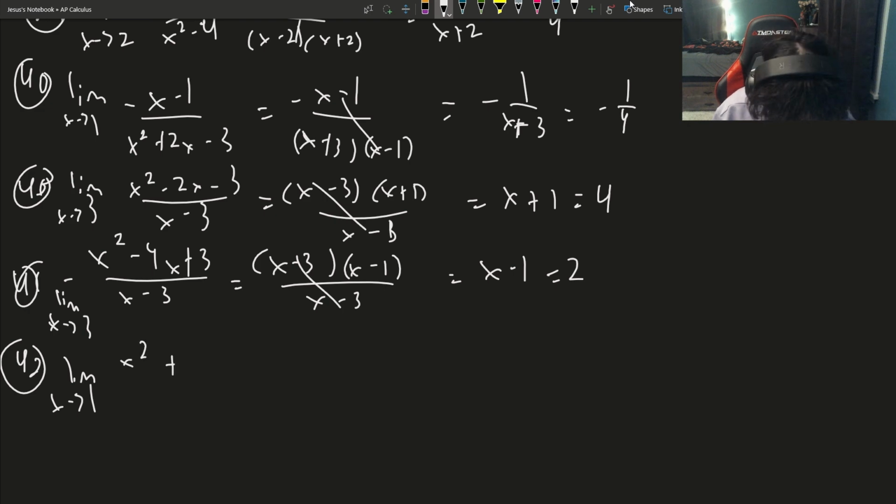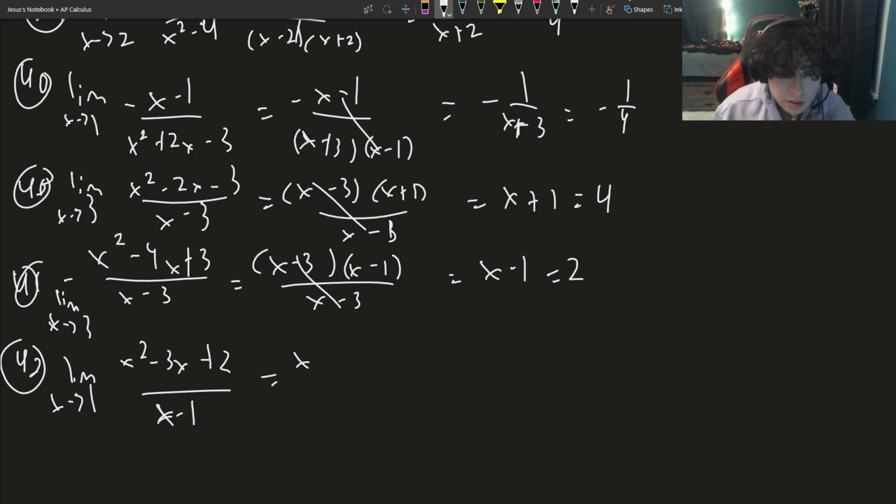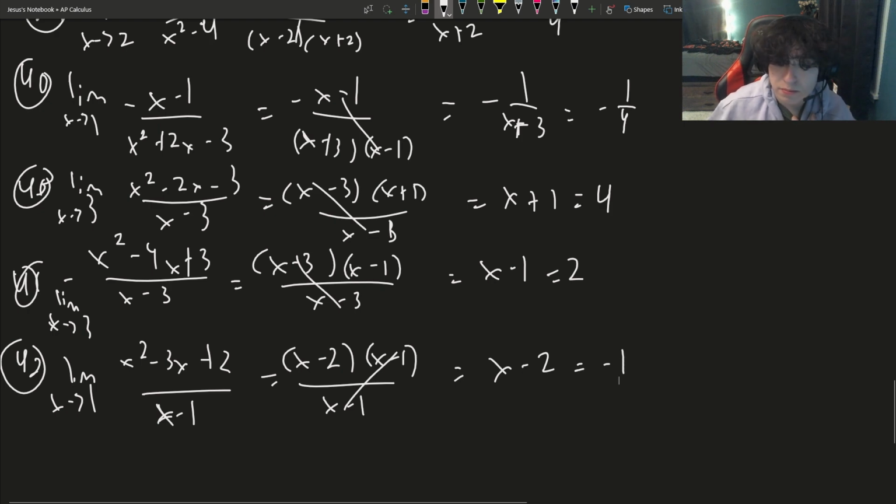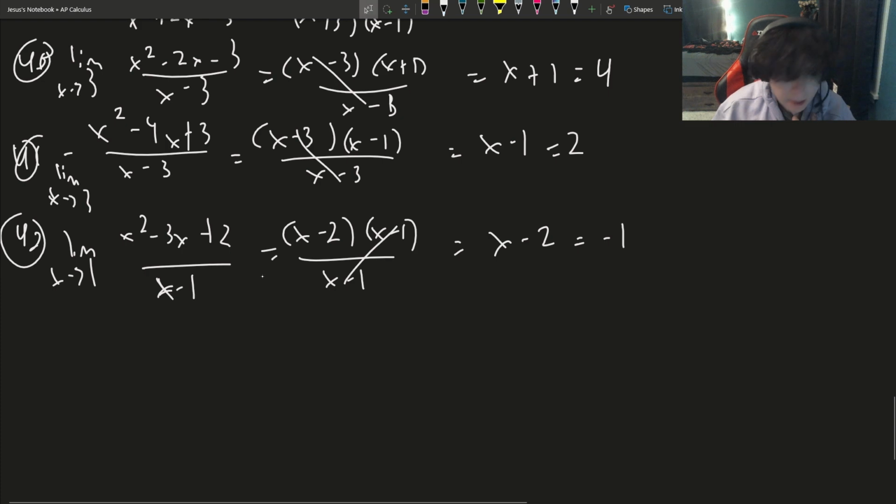x squared minus 3x plus 2 over x minus 1. So then you could just do x minus 2 and x minus 1 over x minus 1. Cancel that out. x minus 2, plug in 1, which just gives you negative 1. Then 44.